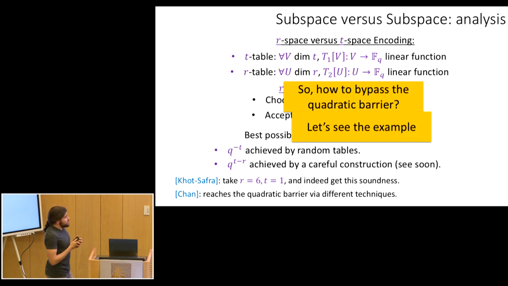To get some insight, let's see the example that achieves Q to the T minus R, and this will give us some inspiration. Okay, so let's construct a counterexample. By the way, for those of you that have been in Guy's talk, all of the business that I'm going to say from now until the end of the talk, if you have the word dictator in mind, it will make some sense, in some generalized sense.